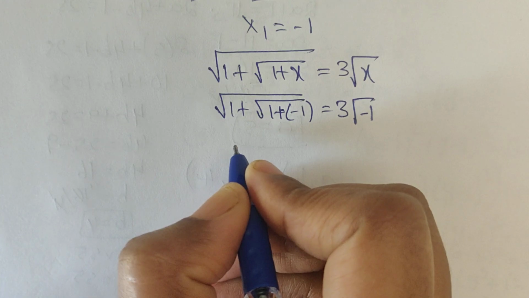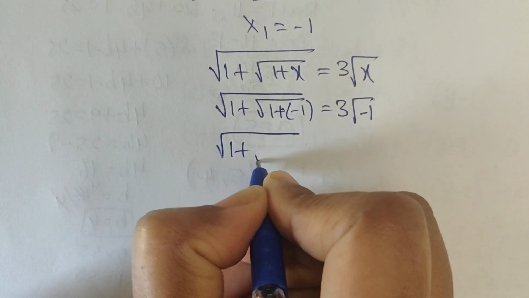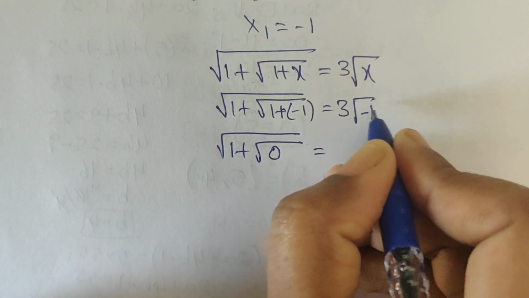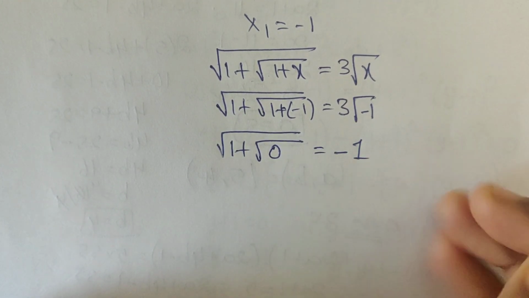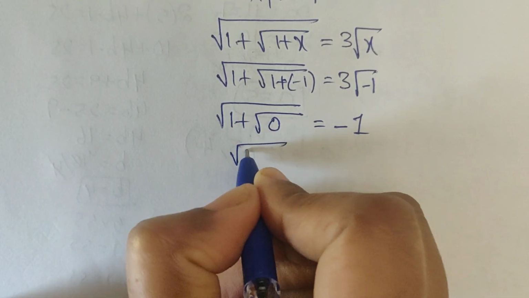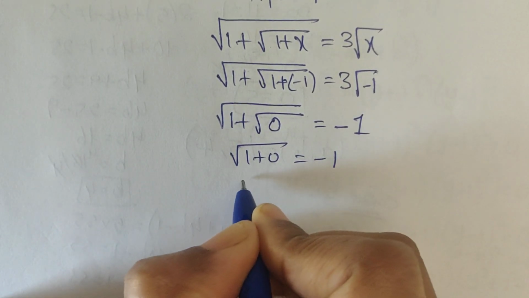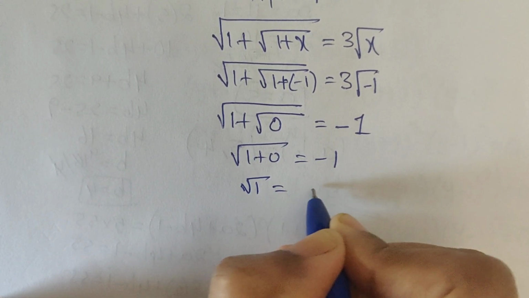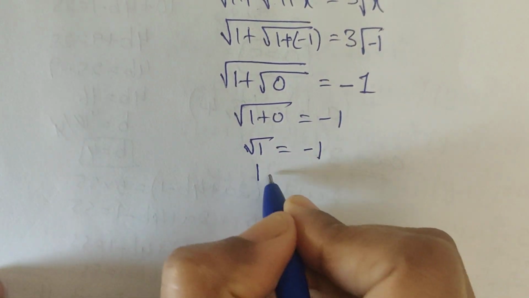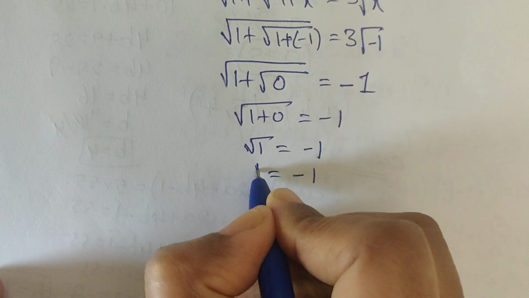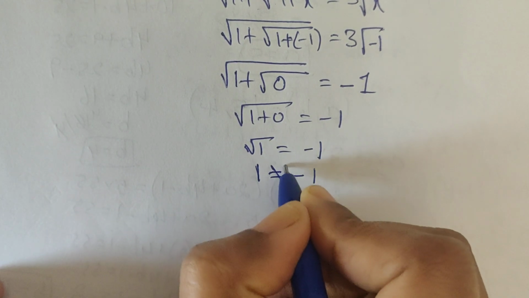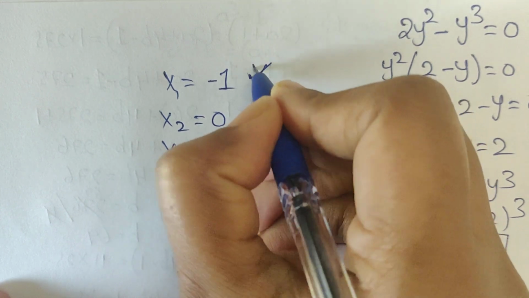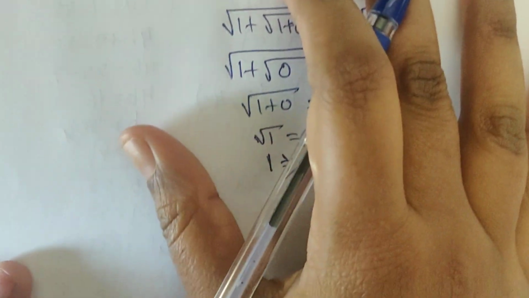So square root of 1 minus 1 is equal to 0, and cube root of minus 1 is equal to minus 1. So square root of 1 plus 0 equal to minus 1, square root of 1 which is equal to 1 equal to minus 1. So 1 is not equal to minus 1, so this is not the right answer.